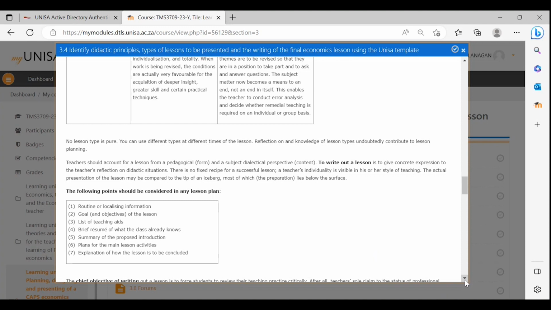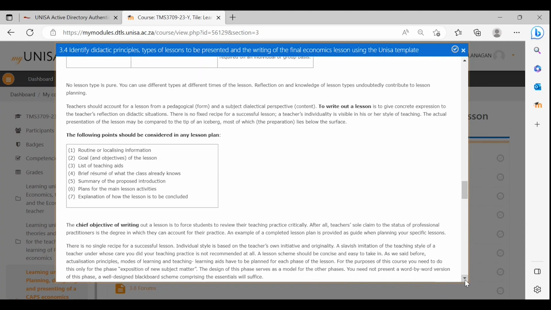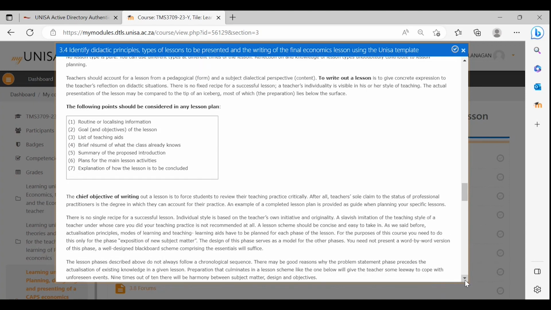The following points should be considered in any lesson plan: the routine or localizing information, the goals and objectives, what teaching aids you use, a brief resume of what the class already knows, a summary of the proposed introduction, plans for the main lesson activity, and an explanation of how the lesson is to be concluded.